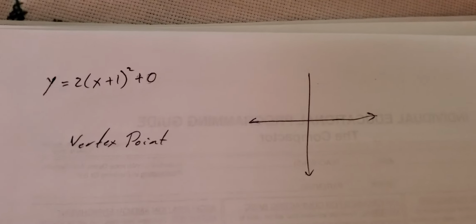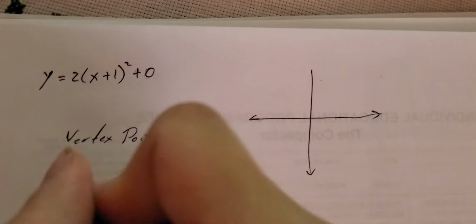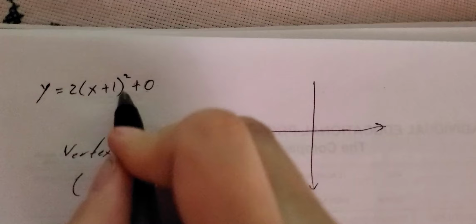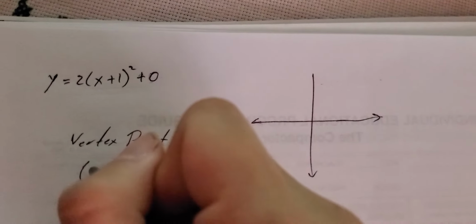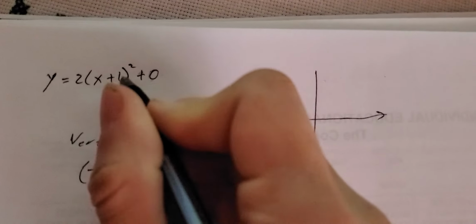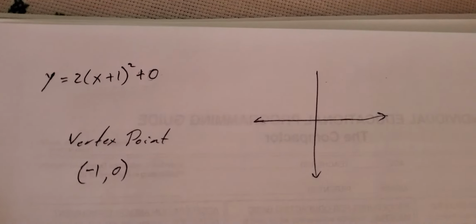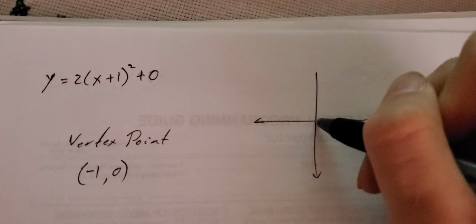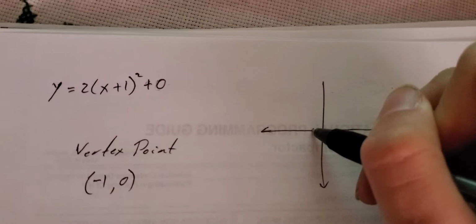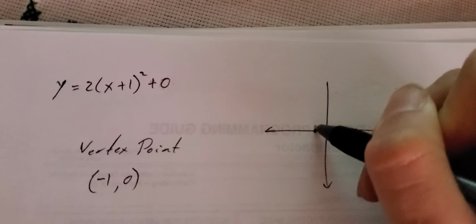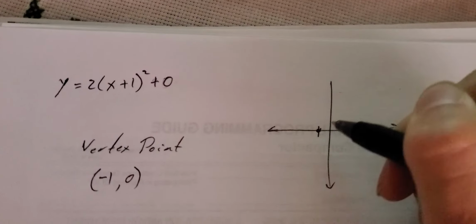It's +0. Pretty much, if there's no number, there's pretty much a +0. That means my vertex is going to be, remember, the opposite of +1. It'll be -1, comma, and then my k is 0. So my vertex point is at (-1, 0). There is my vertex point.